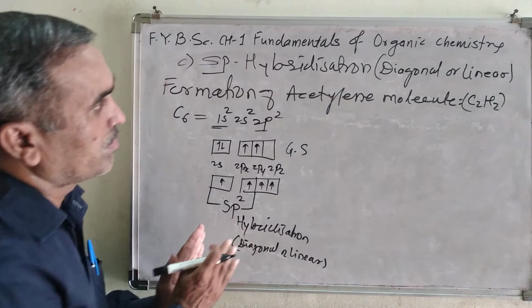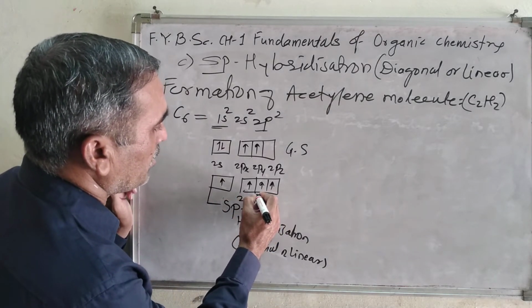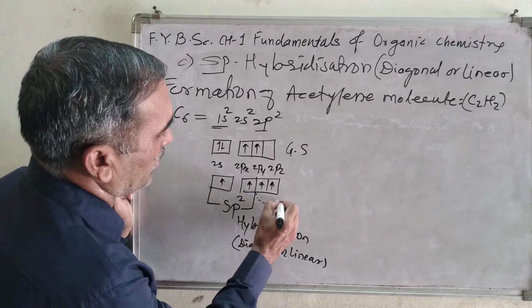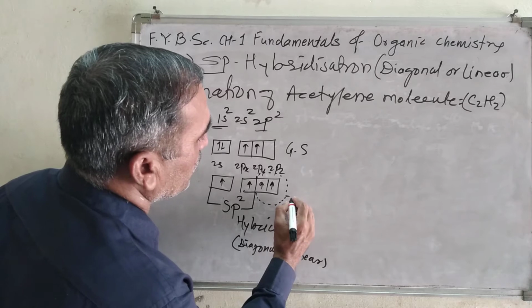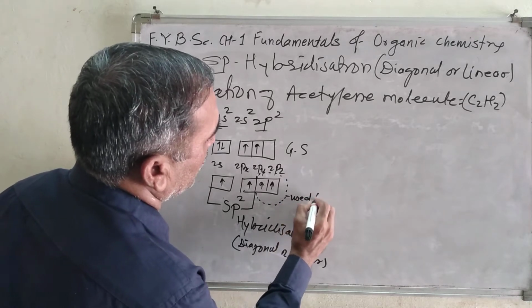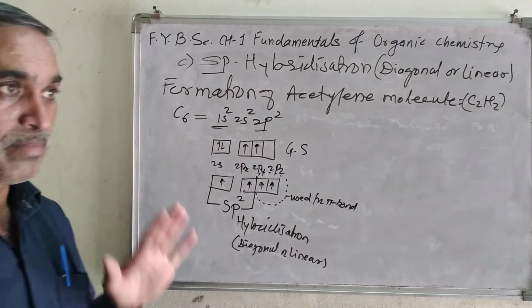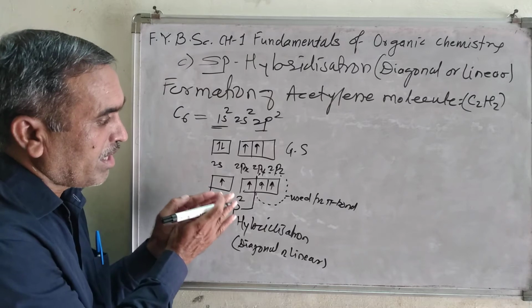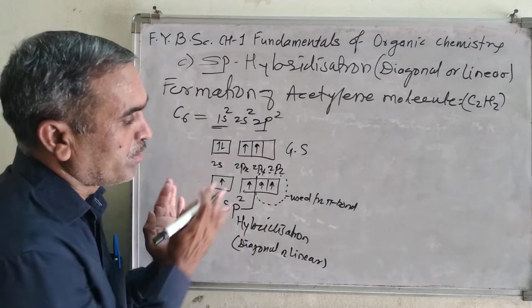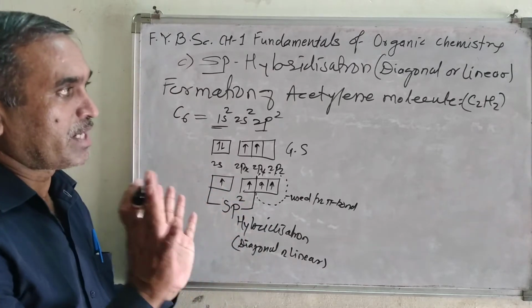And when this happens, 2 unpaired electrons remain here. You can show them like this, and they are used for pi bond formation, right? Always remember, observe this carefully, these 2 unpaired electrons are used for the formation of the pi bond.